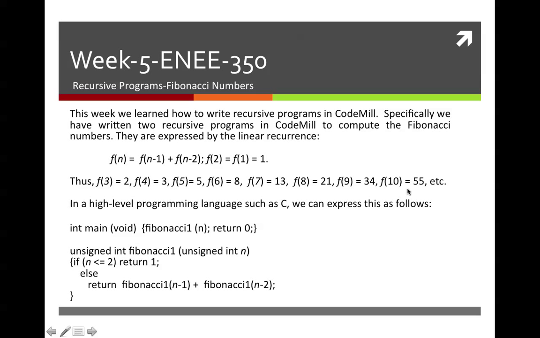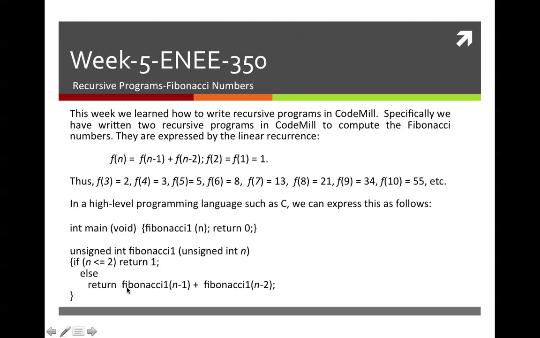So in a high-level programming language such as C, Java, C++, you could easily express this by way of a function such as this one here, and you can call it from the main program. And this particular version of Fibonacci in C simply checks if n is less than or equal to 2, in which case it returns 1.